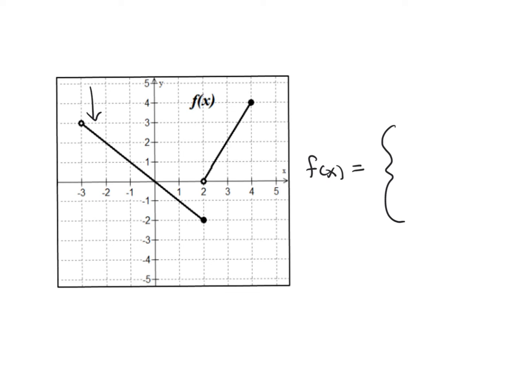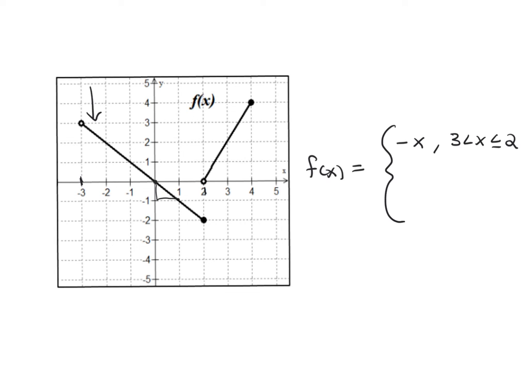So let's see, y-intercept 0, slope down 1 over 1. So that's just negative x. And then that is for the domain from negative 3 to 2. It's not including the negative 3, but it is including that 2.